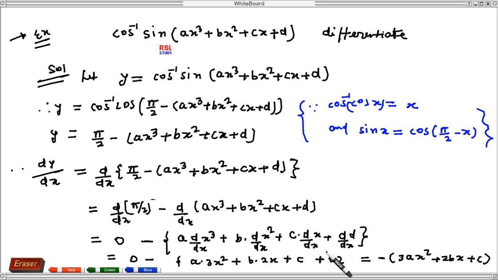So this is the question and we have to differentiate it. So this is cos inverse sin, and this expression is a cubic expression.